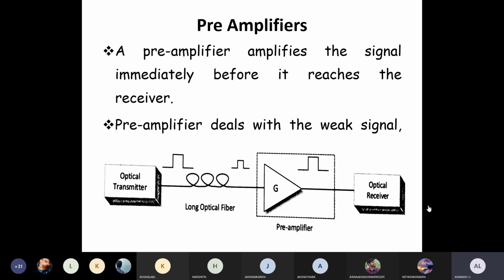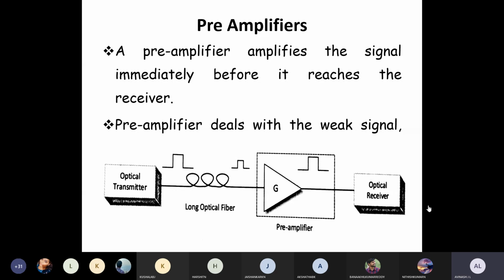Once the intensity level of the signal is reduced, that reduced signal will be boosted by the pre-amplifier by the gain adjustment. Obviously the gain will be a positive gain, not a negative gain, because the signal strength needs to be increased.